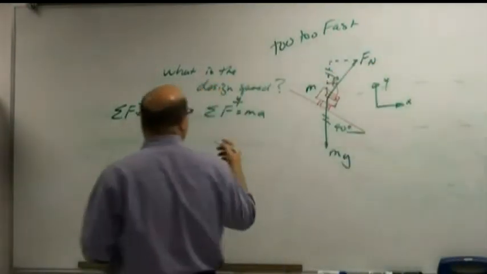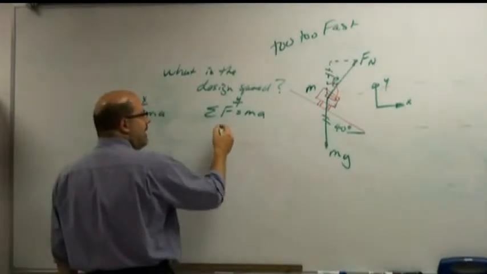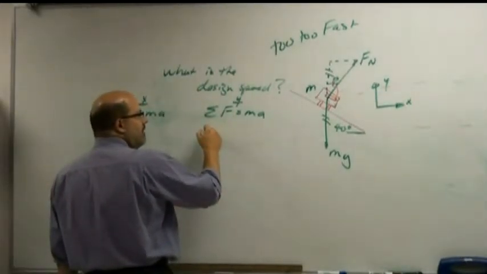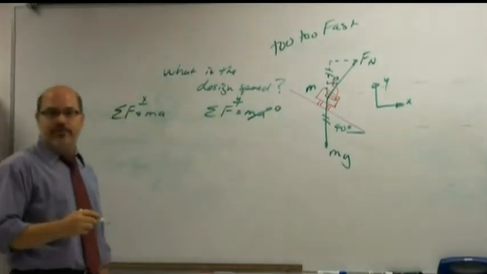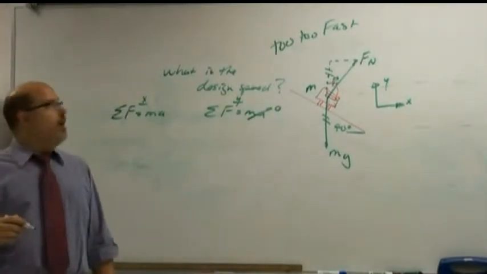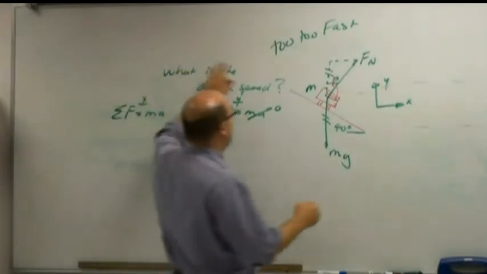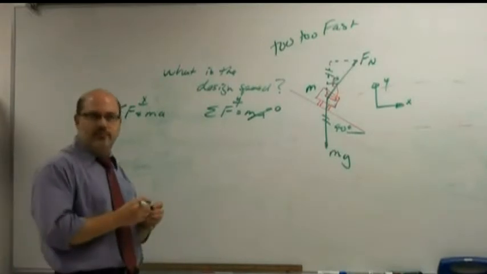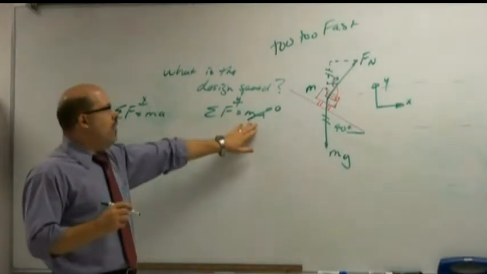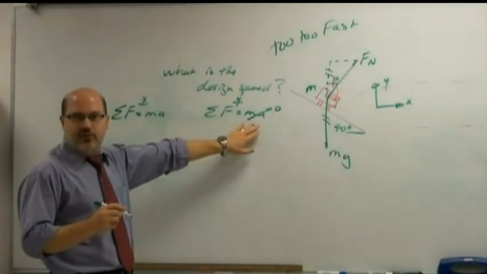In the Y direction, what do you have? We're not using friction force because there's no friction. We'll do this one first, and then we'll drive too fast. In the Y direction, there's no acceleration, correct?